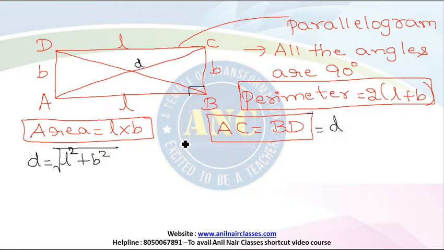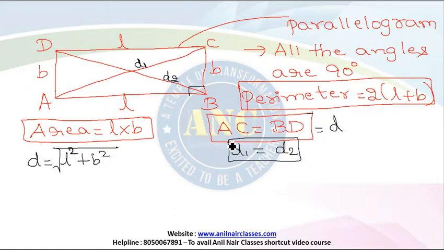Suppose I call the diagonal AC as D1 and diagonal BD as D2, D1 will definitely be equal to D2 in a rectangle.